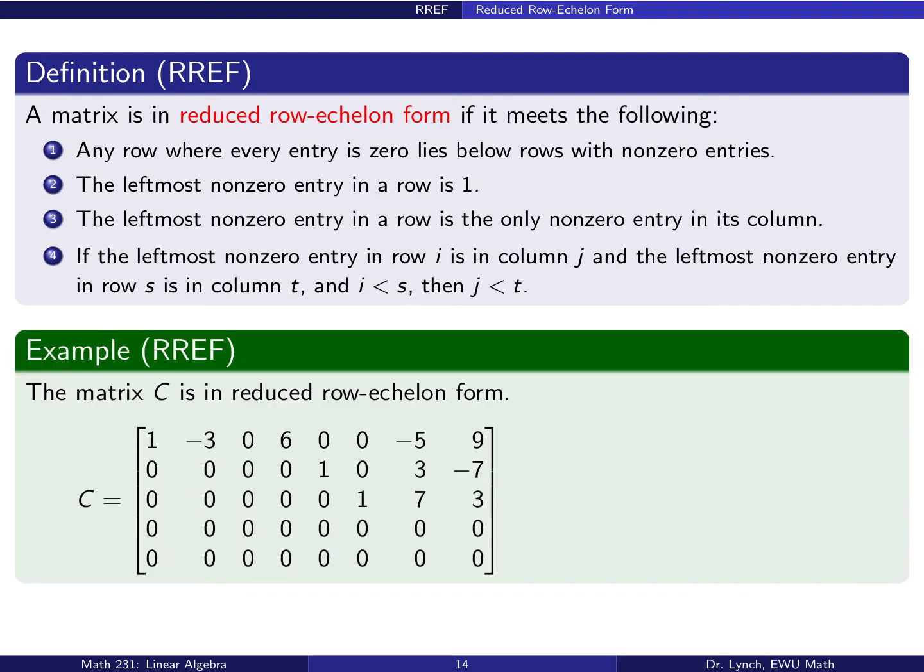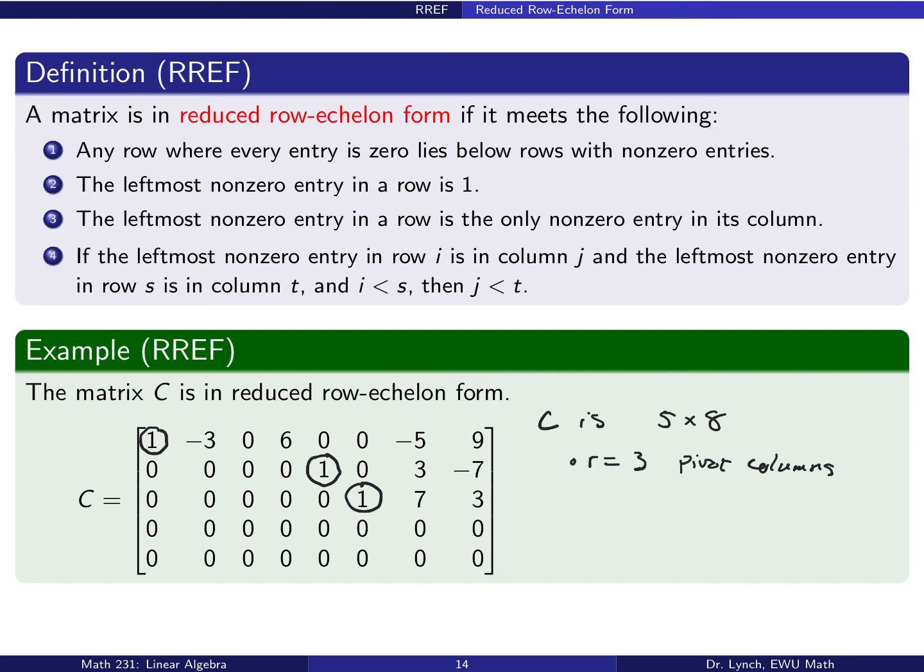Okay, so here is an example of a matrix that is in reduced row echelon form. We see that this matrix has 5 rows and 8 columns, right? So it's 5 by 8. We see that our matrix has r equals 3 pivot columns, right? Those pivot columns are the columns corresponding to a leftmost entry in a particular row of 1 with zeros above and below it.